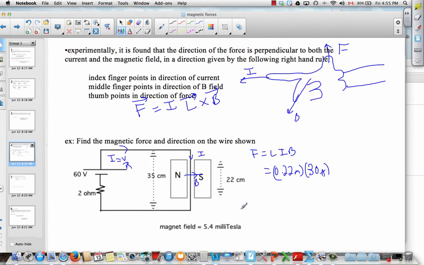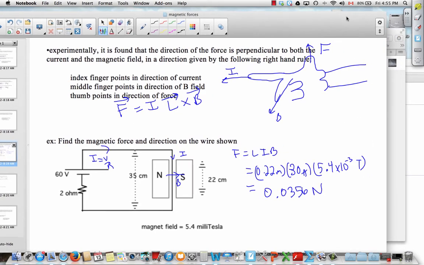And B is the magnetic field strength, which is 5.4 milliteslas. Multiplying those together gives us 0.0356 newtons of force.